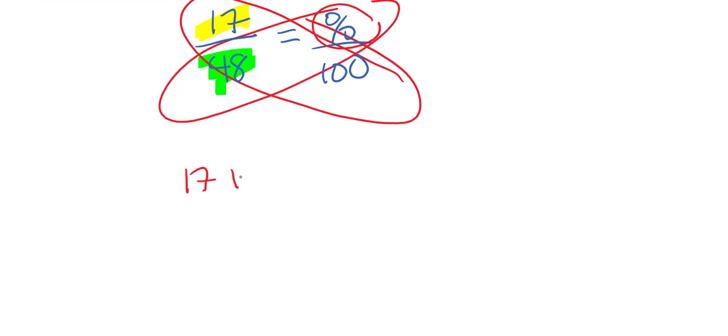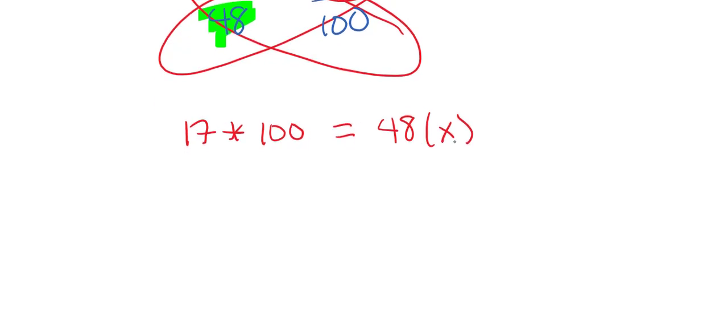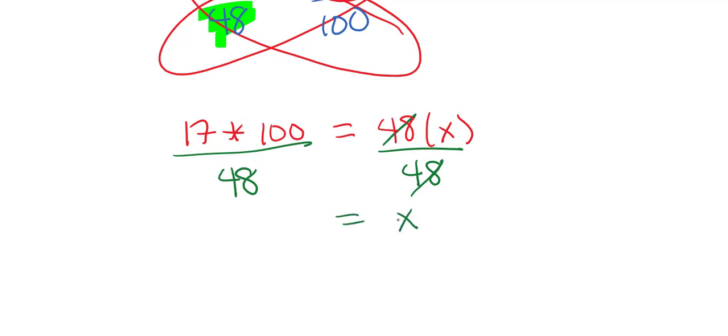We have 17 times 100, which is equal to 48 times x, where instead of percentage we just write x. Now, to get x by itself, we divide by 48 on both sides. Now we just have x on the right.